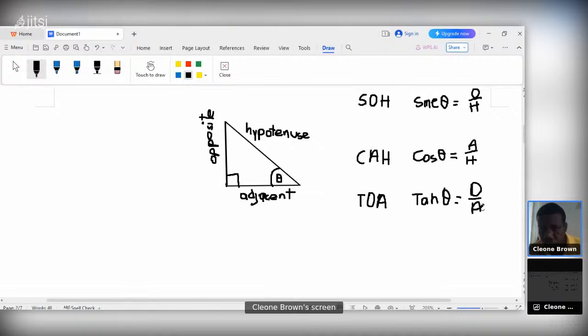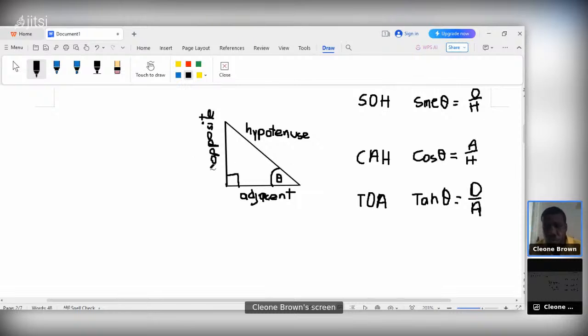So let's look at sine, for example. The equation has three variables: sine of the angle, the opposite, and the hypotenuse. If you have two of the variables, for instance, you have an angle and you have the hypotenuse, then you can use this equation to solve for the opposite side.